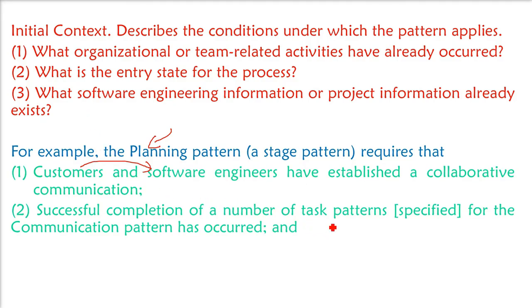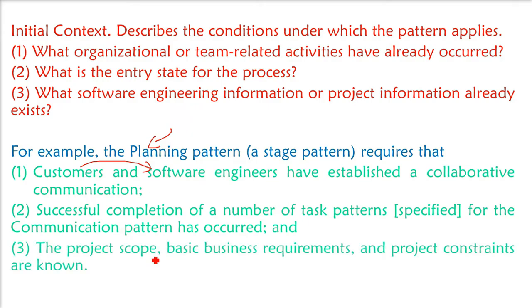The successful completion of the task patterns for the communication pattern has occurred. This already has taken place or not. And the project scope, the business requirements and the project constraints are already known to you. This is the planning pattern. When we are talking about a stage pattern, we require all this.